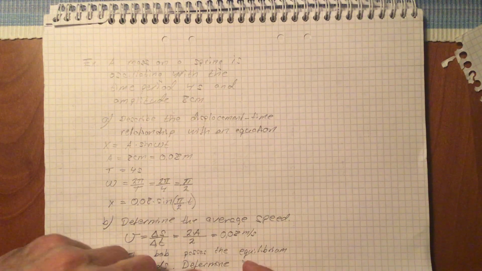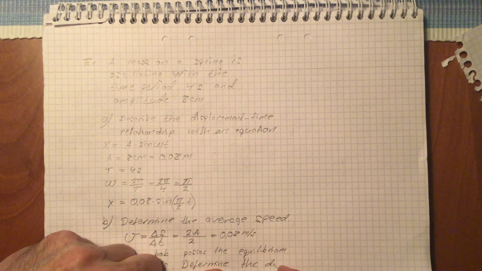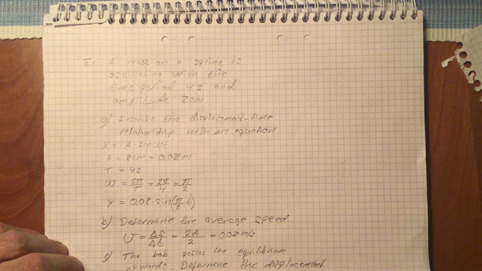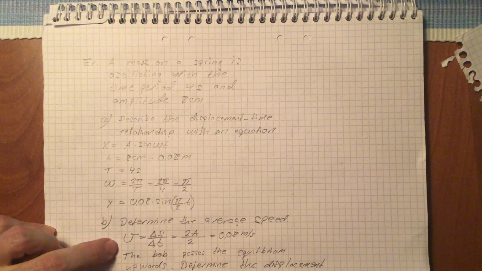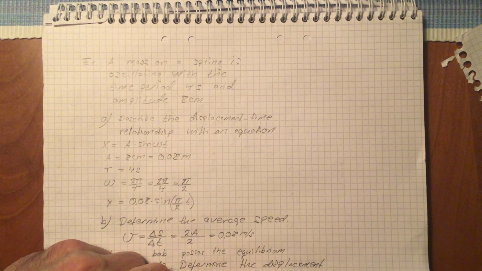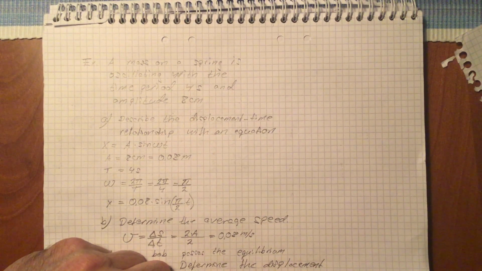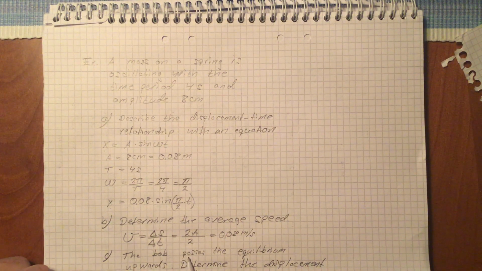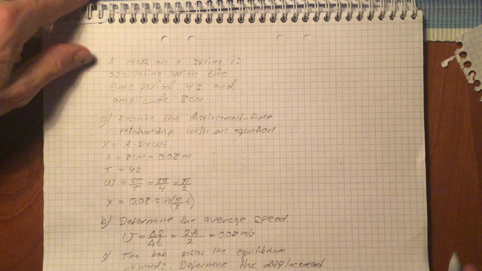Determine the displacement and velocity 0.08 seconds later. Now, the bob passes the equilibrium upwards. It's going upwards. Determine the displacement and velocity 0.08 seconds later.